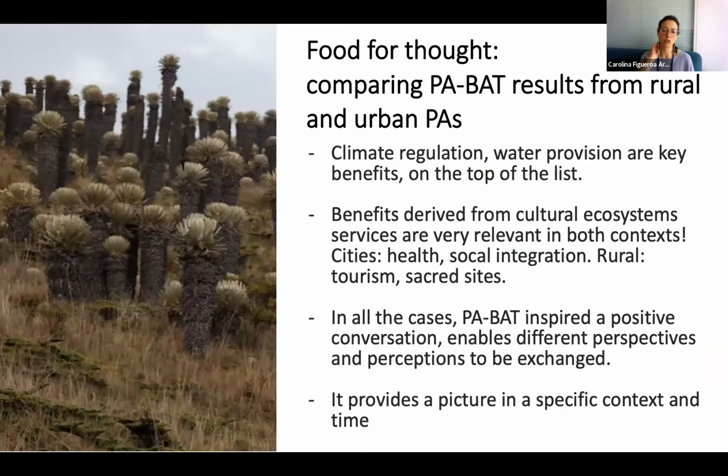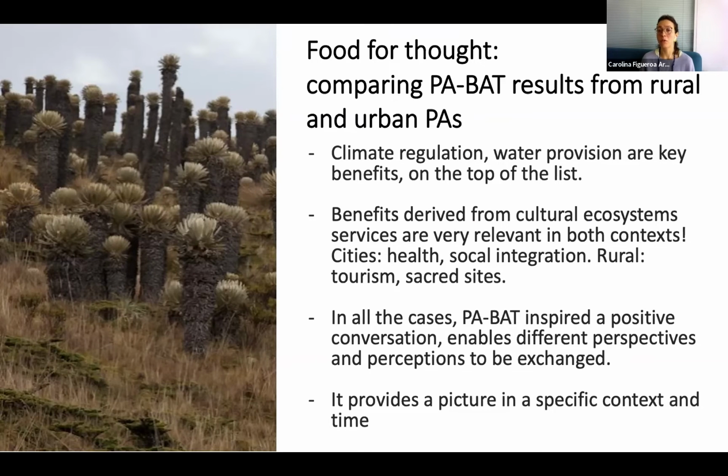So, some food for thought after comparing these analyses and experiences over the different examples that I just shared with you. First, climate regulation and water provision are key benefits at the top of the list.